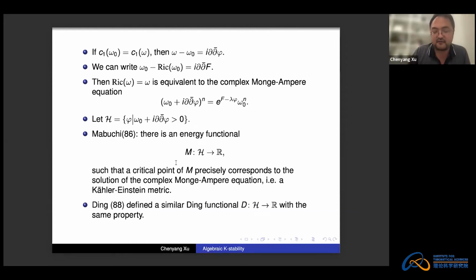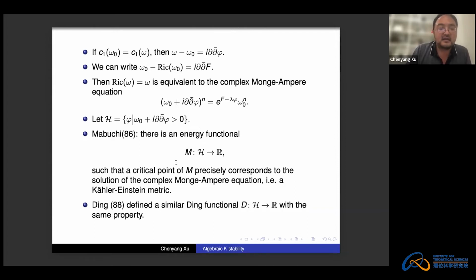So the class of omega_0 is c_1(X). That's the case we are interested in to find the Kähler-Einstein metric. That's the case lambda is equal to 1. Then because omega_0 and Ric omega_0 are also in the same class, the difference, again by the ddbar lemma, can be written as i ddbar f for some f.